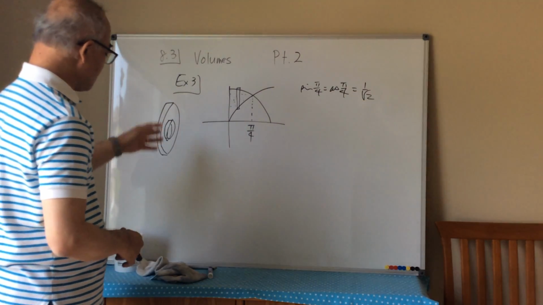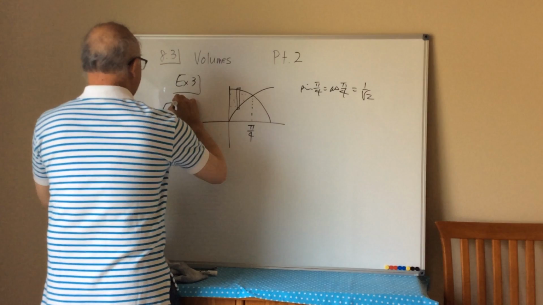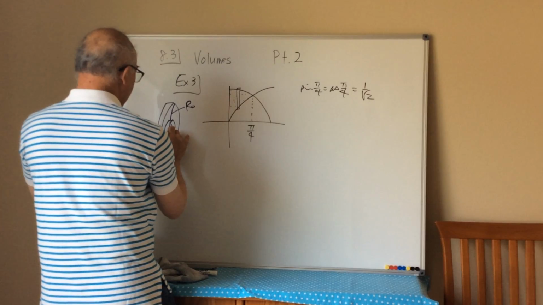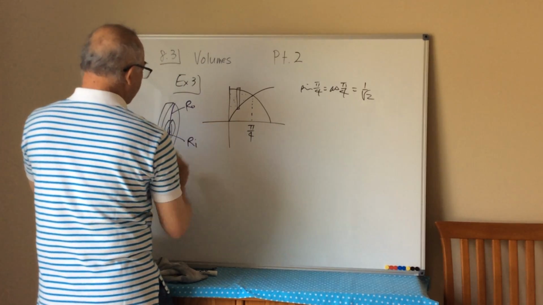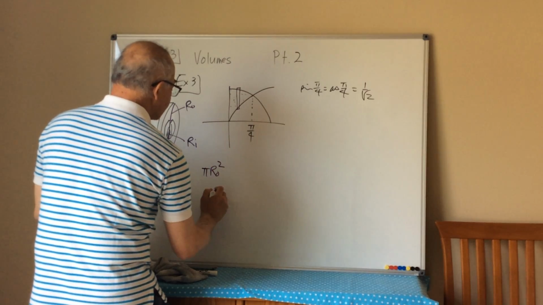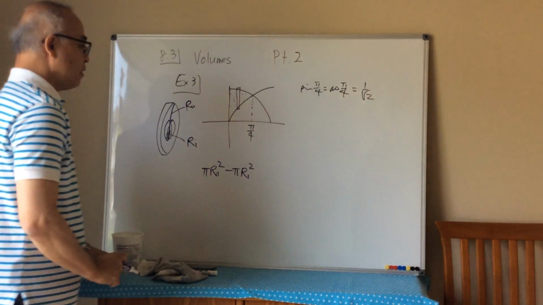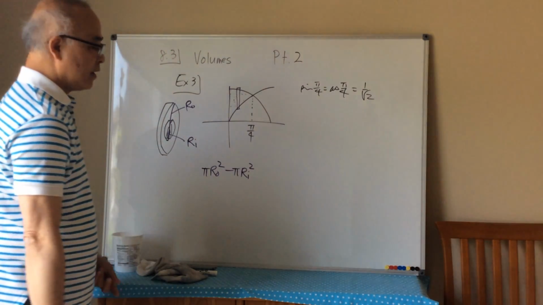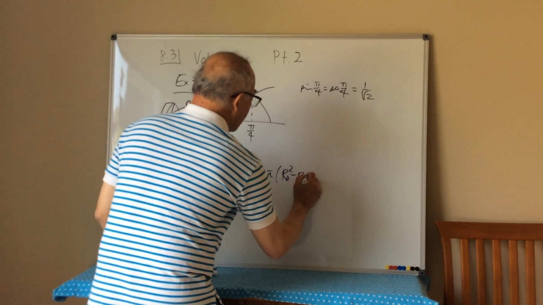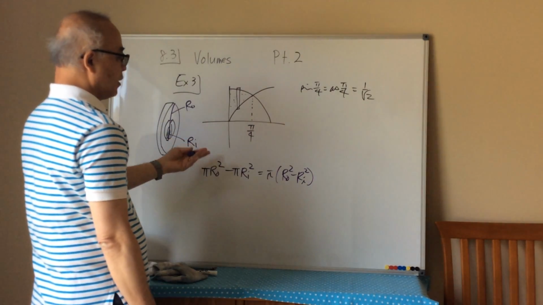If this here is the outer radius, and from here to here is the inner radius, then I have pi times the outer radius squared, minus, I'm taking away the inner radius part, which is basically pi r outer squared minus pi r inner squared, right? You see that? Okay.